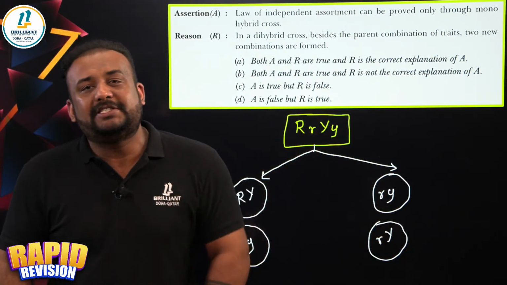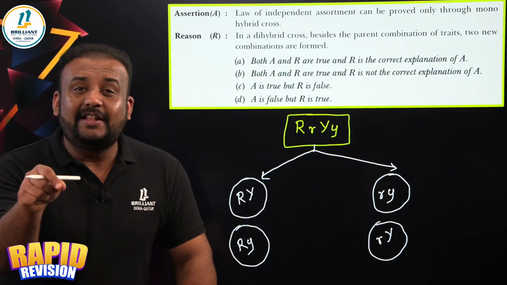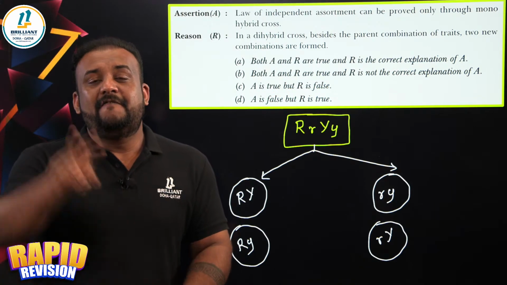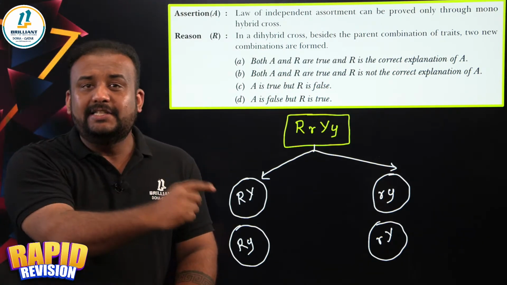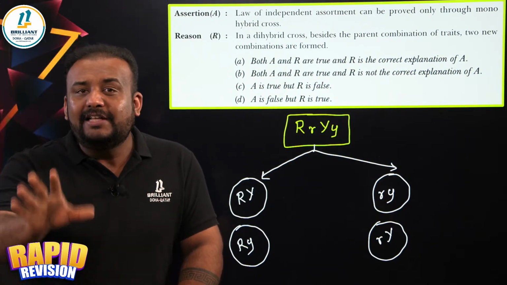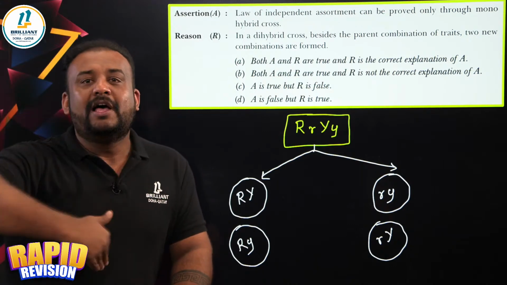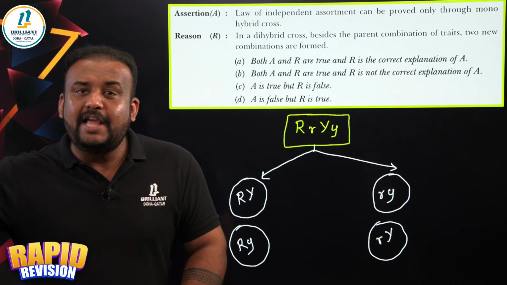So how many gametes did we get here? We got 4 gametes. Why did we get these 4 gametes? Because when two pairs of factors are present together, the inheritance of one pair of factors is independent of the other pair. Capital R is not insisting that it has to have capital Y only with it. It can be either capital Y or small y.